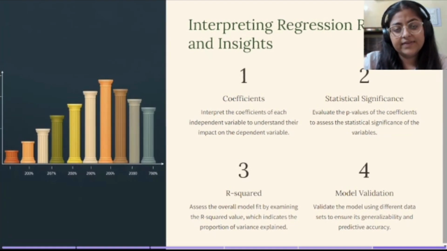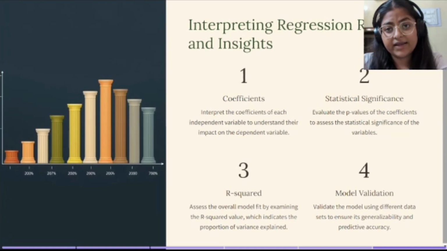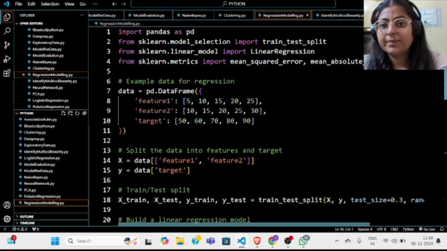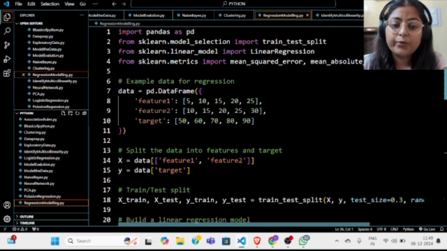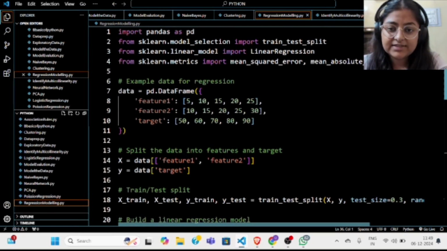Now, let's see the code for the regression analysis or regression model. As you can see, I am in my Python IDE. We have imported different libraries as usual, like pandas, sklearn model_selection, sklearn.linear_model, and sklearn.metrics.